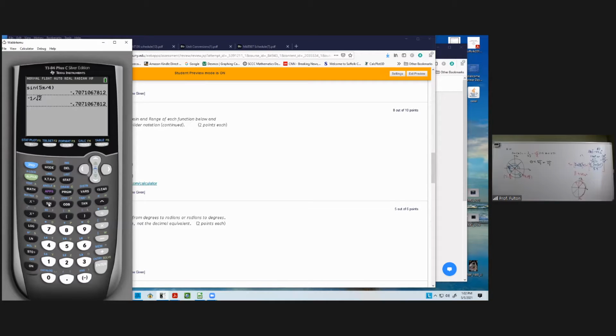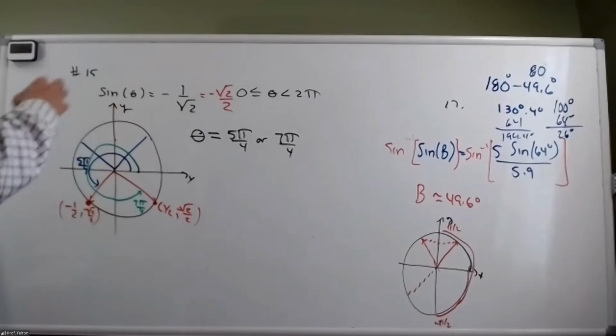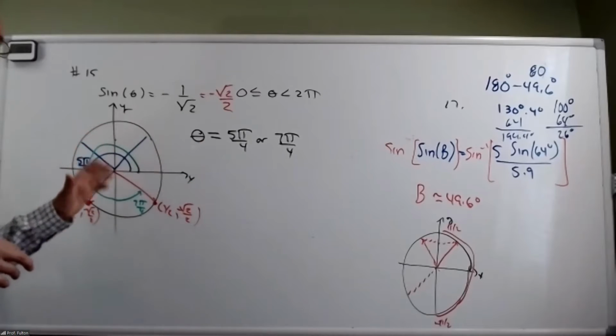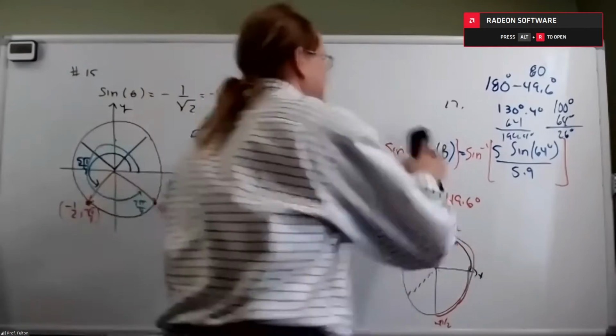Or if I turn around and do the sine of 7 pi divided by 4, I get the same exact decimal. So that essentially solves that problem. I have my two solutions, and I did it all without even needing a calculator, because that's one of those special values. And then you also mentioned 16.